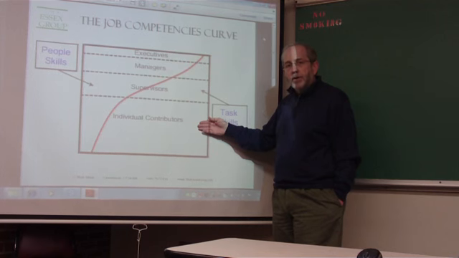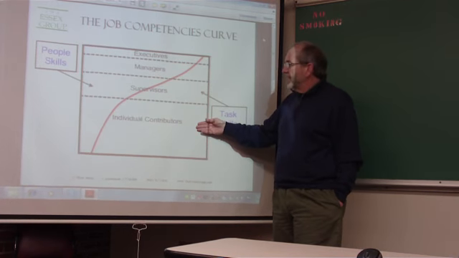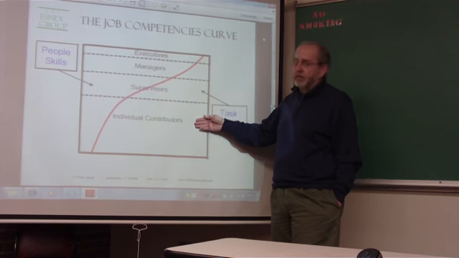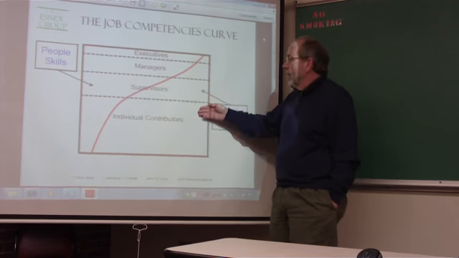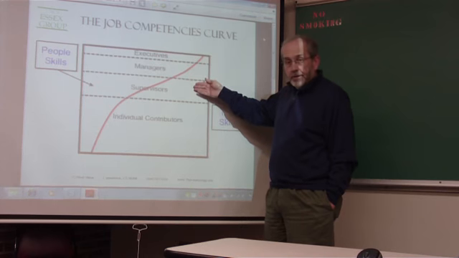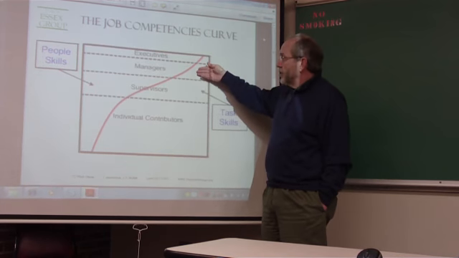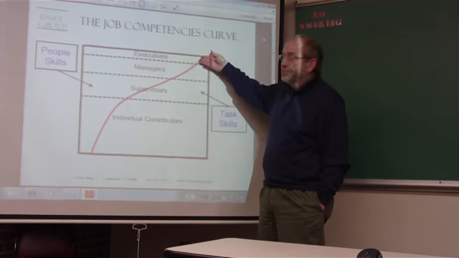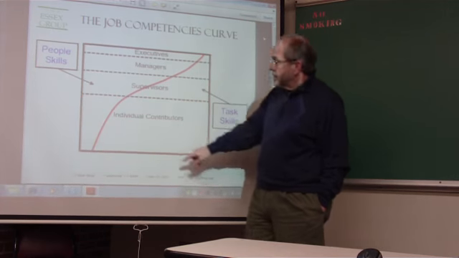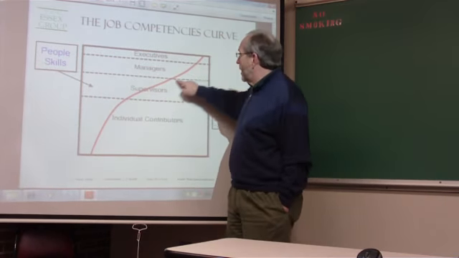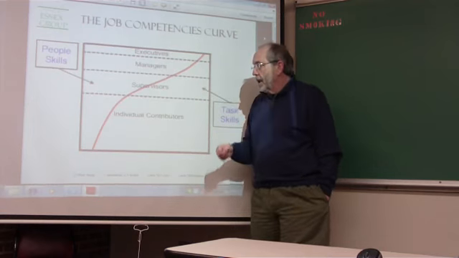The bottom is called individual contributors, and this is typical in most organizations, and you can quibble whether we need five or four boxes or three or whatever. We move up to supervisors, then managers, and finally executives. And as you can also see, there's a red curved line running through the box.